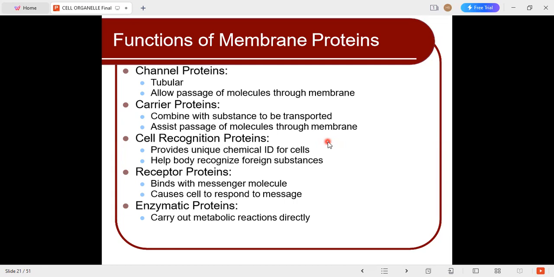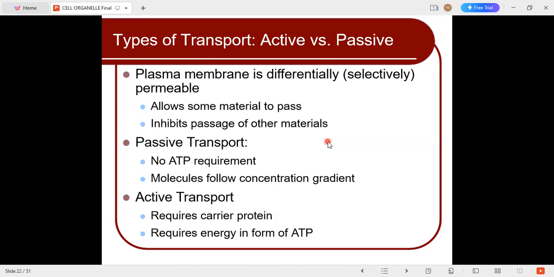Moreover, the membrane proteins possess a variety of enzymatic functions. They carry out metabolic reactions directly. So the plasma membrane is a differentially selectively permeable membrane, which allows some materials to pass in and out and inhibits the passage of most of the materials.